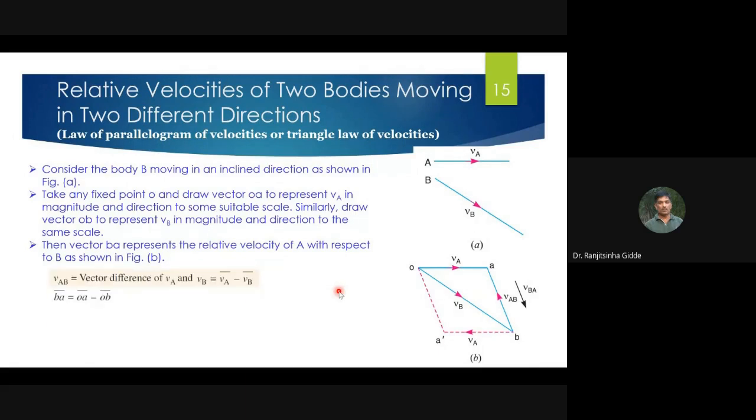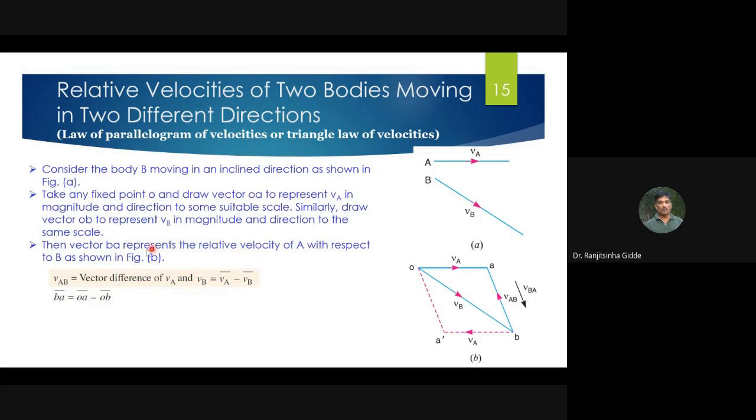Okay. Next, we have to determine VAB. How to determine VAB? Again, we are going to take the vector difference. So vector difference of VA and VB. We have written vector VA minus vector VB. Now, as seen in the previous slide, you should read this once again.